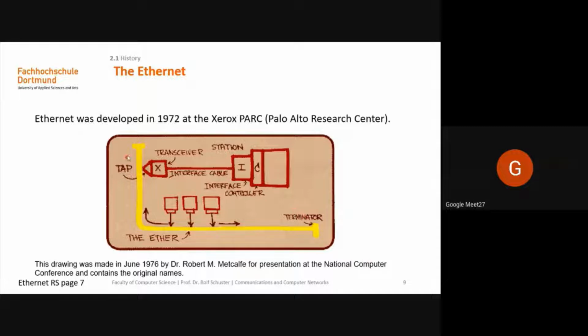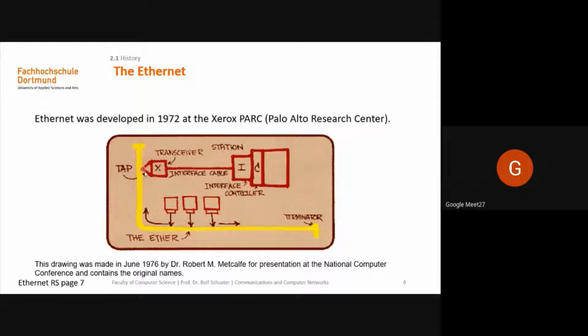This is the shared media, the coaxial cable, typically called the ether, in order to offer a media for the propagation of the digital signals.